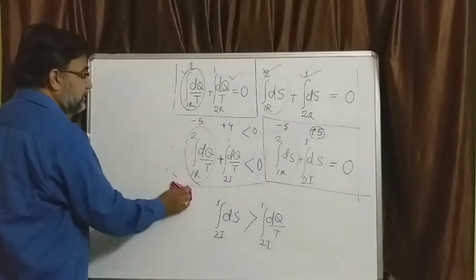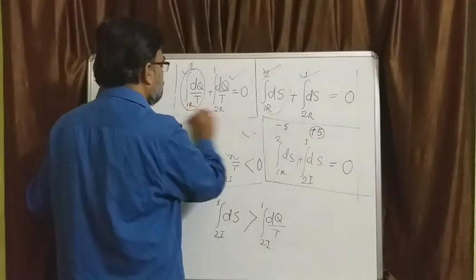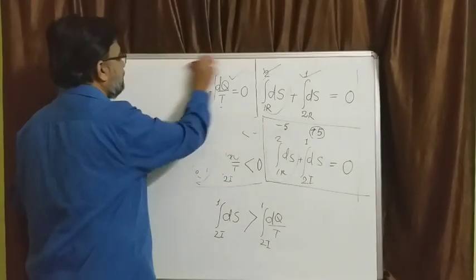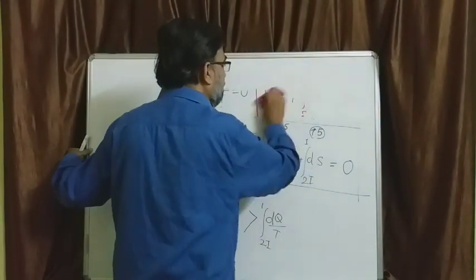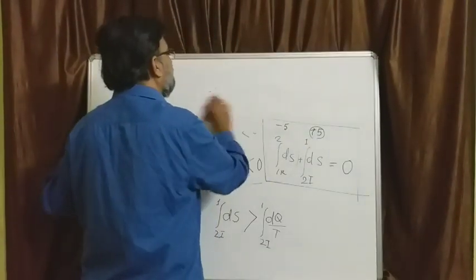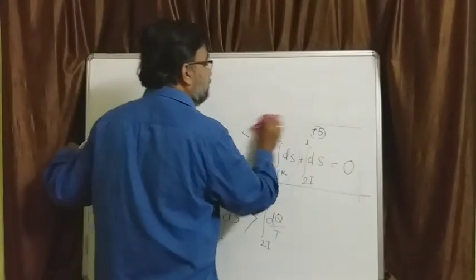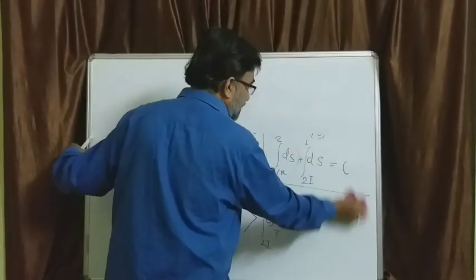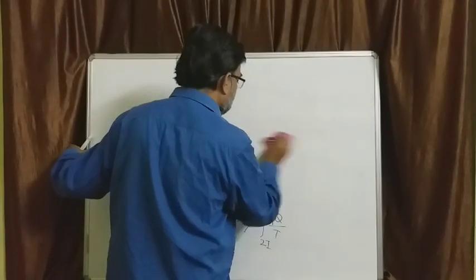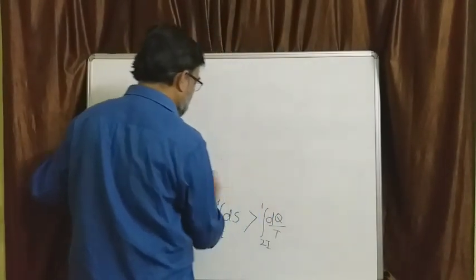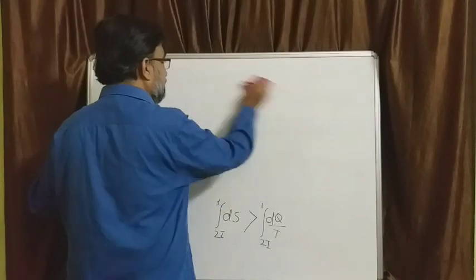I am making a summary. What we are discussing here is how to establish a quantitative relationship between these two terms. One is ds and one is dq by t.